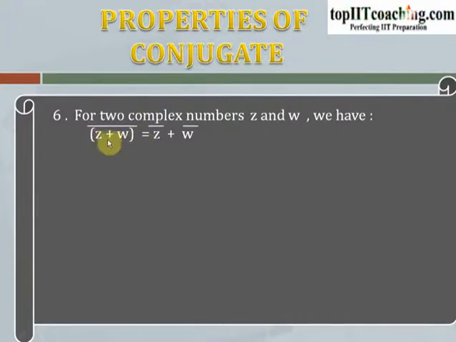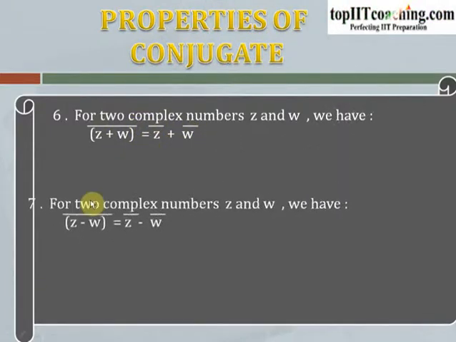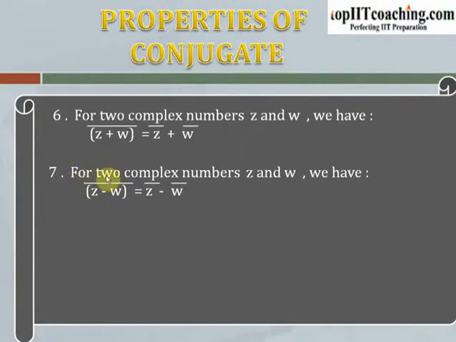That is, conjugate of (z plus w) is equal to z conjugate plus w conjugate. The next property is, for two complex numbers z and w, the conjugate of (z minus w) is equal to z conjugate minus w conjugate. Simply, the conjugate of the difference of two complex numbers is equal to the difference of the conjugates.